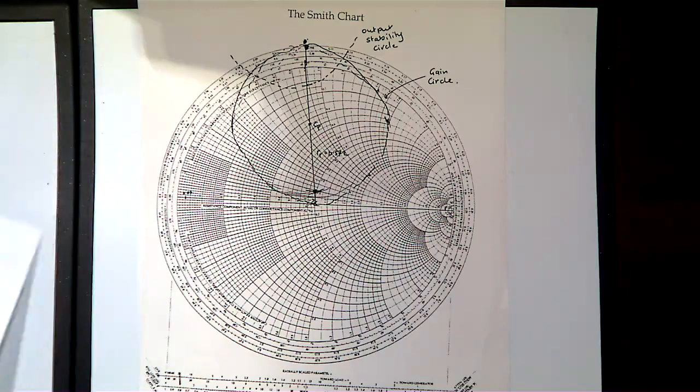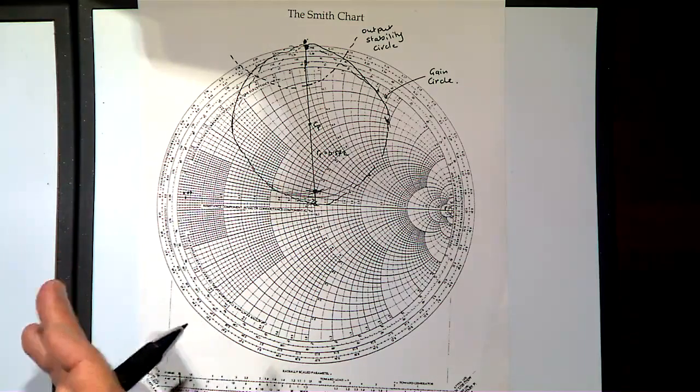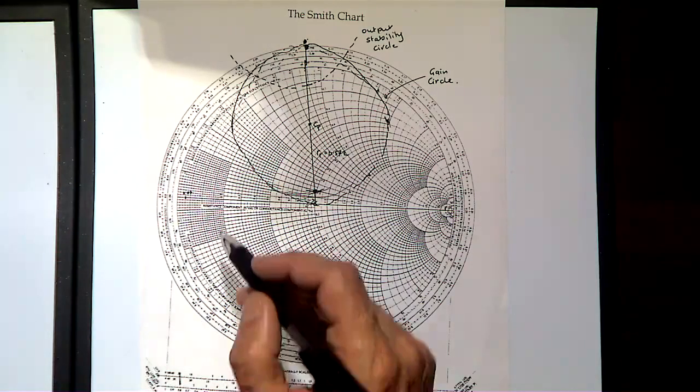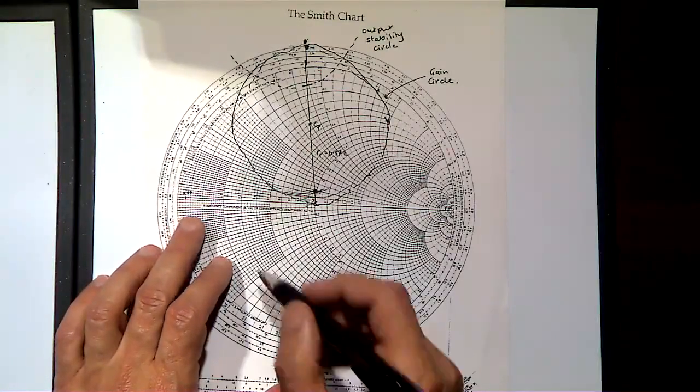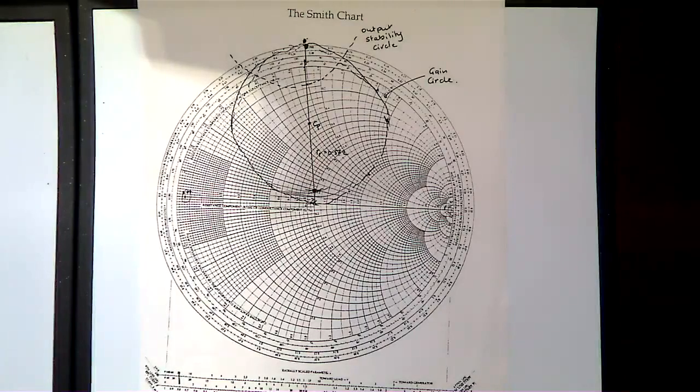But what you do find is that when you work out gamma out, at this location, if you try to get a conjugate match, that's your output impedance rather than your input impedance.